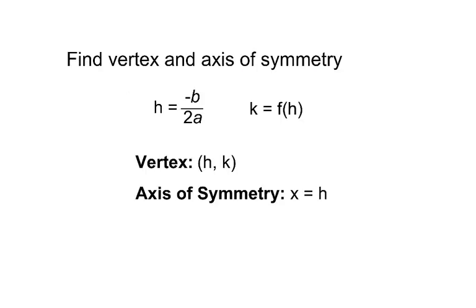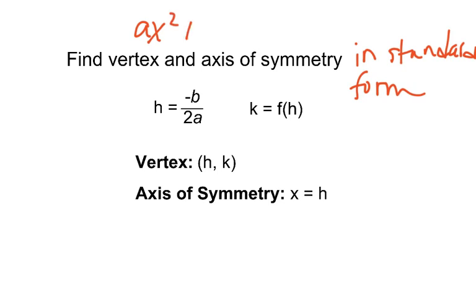All right. The next one, if we are in standard form, to find the vertex and the axis of symmetry, again in the standard form, you would need to take from ax squared plus bx plus c, you would need to take this a from here and this b from here, and make it the opposite of that b over 2 times a.